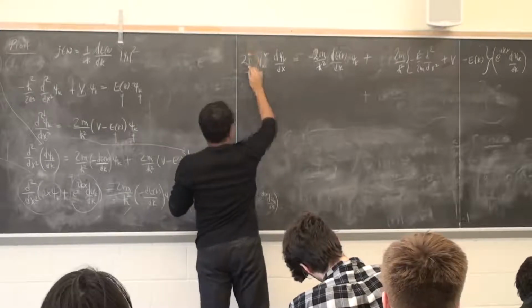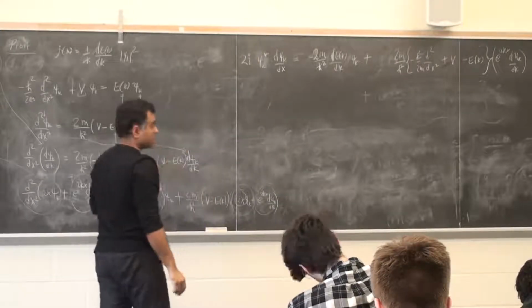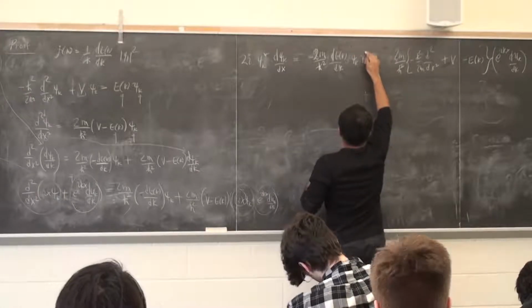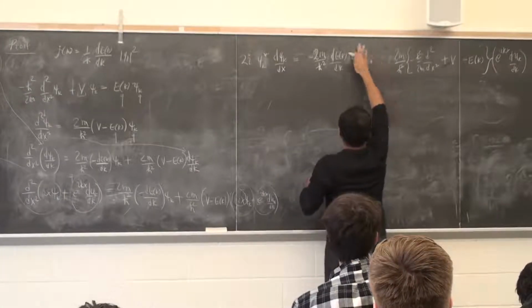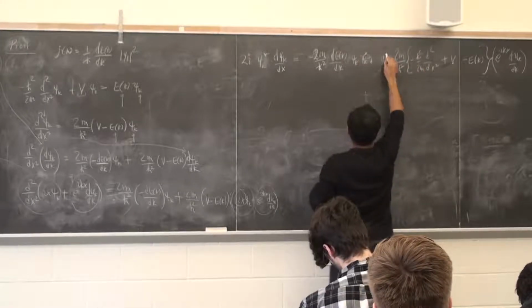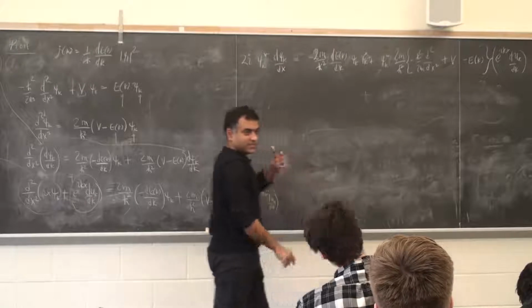I shouldn't forget that. Multiply with psi k star on both sides. And here I don't need to bother to keep it on the left side because it's just a number. But here there's a derivative operator, so I must put it on the left side, not on the right side.